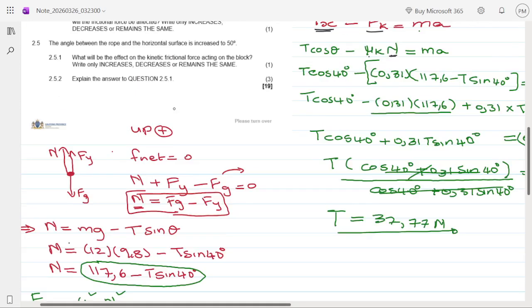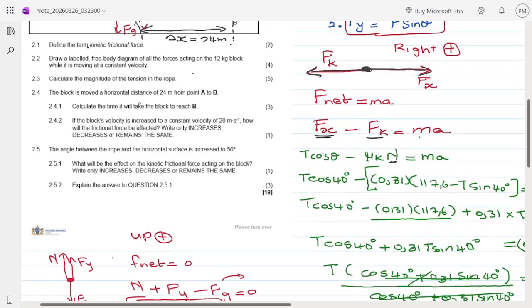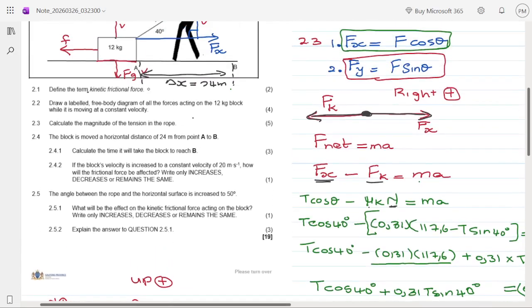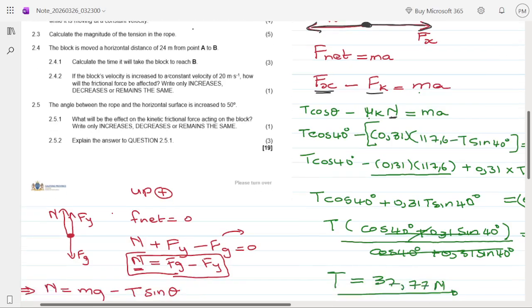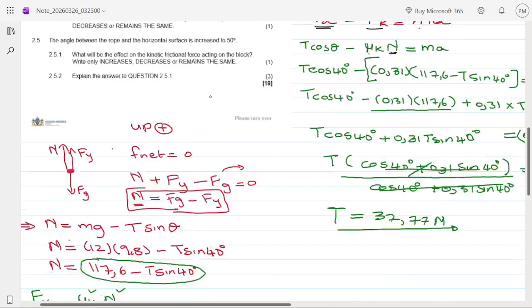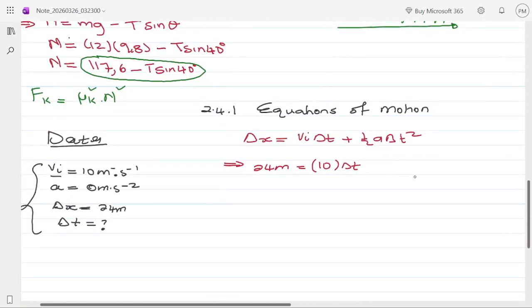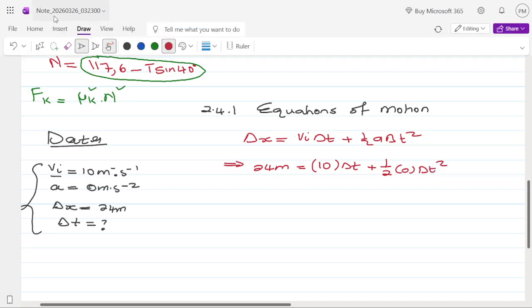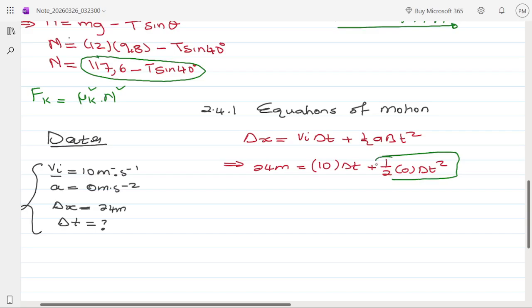They said calculate the time it will take the block to reach point B, so the time it will travel from A to B. So this will be plus 1 over 2, the acceleration is 0, delta t squared. Everything here is multiplied by 0, which makes that term 0.